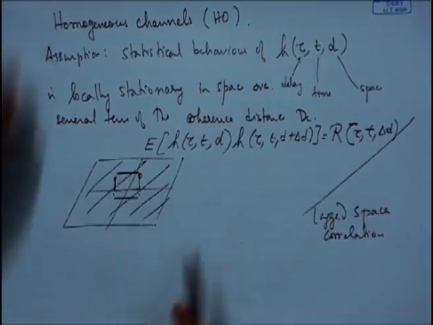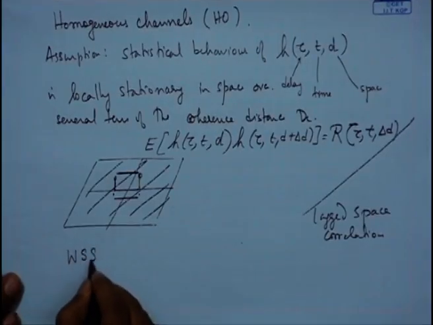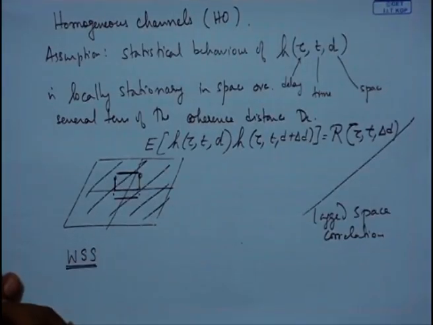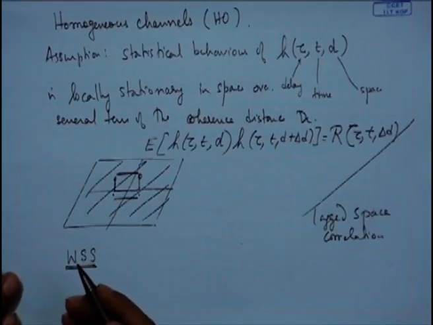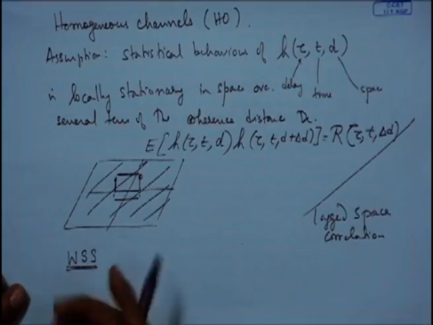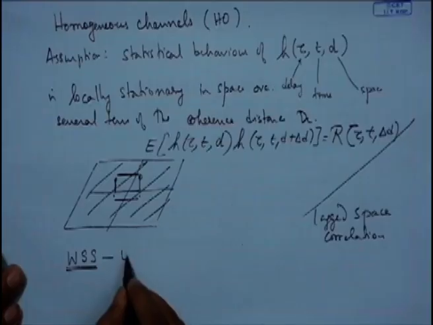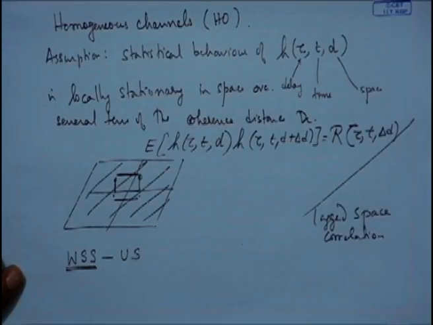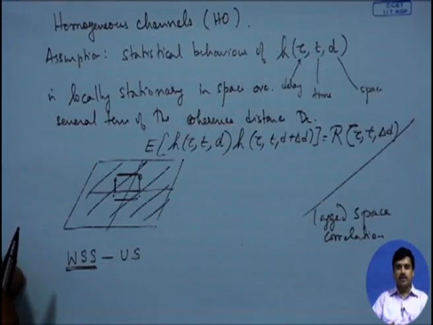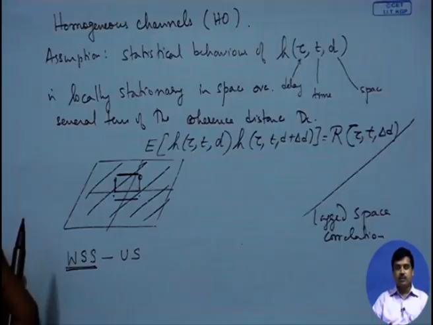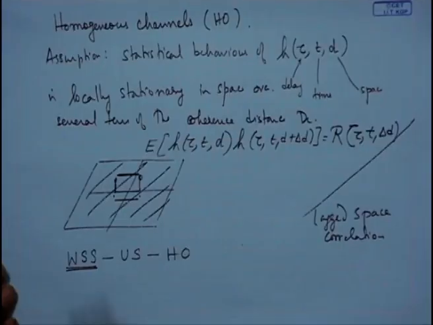Along with wide sense stationarity, which gives us that the correlation function is dependent only on the lag time, and which gives rise to the channels at two Doppler frequencies being uncorrelated, we have uncorrelated scattering, which gives us that the channel coefficients at two delays are uncorrelated, and that would give us that the channels at two different frequencies are correlated only by the separation in frequencies, and that is extended to homogeneous channels.